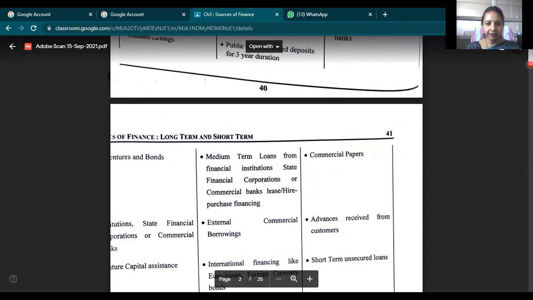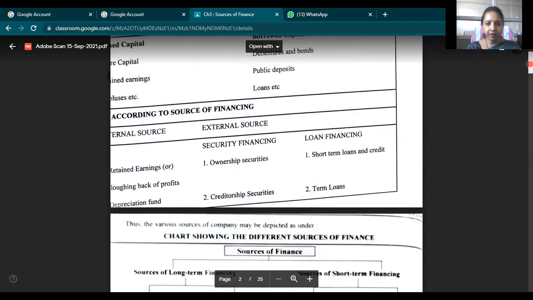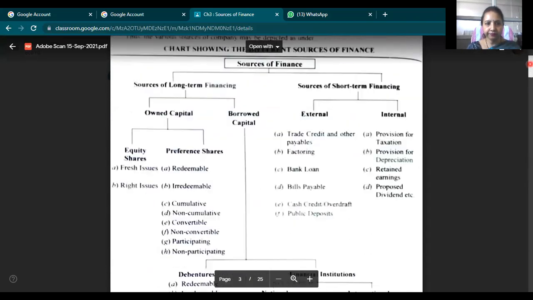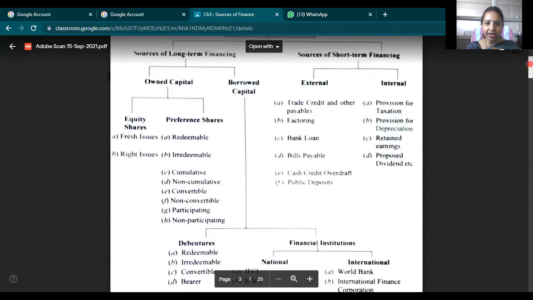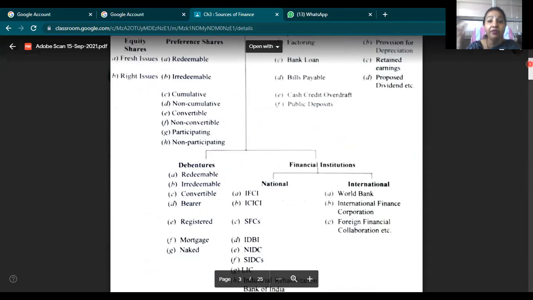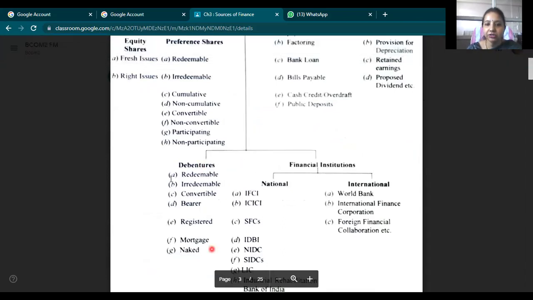Long term has owned and borrowed capital. In borrowed capital, see what we have borrowed from others, from the outside, from the externals, that is debentures. There are also various types of debentures like redeemable, irredeemable, convertible, bearer, registered, mortgage, naked, and then financial institutions.